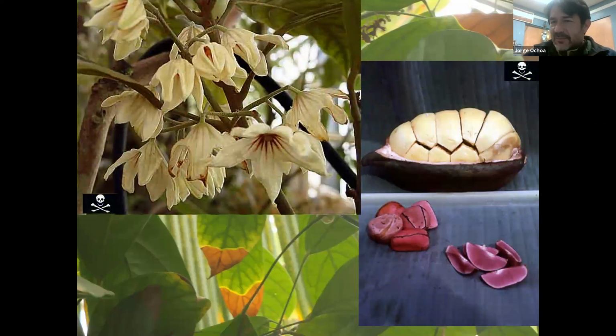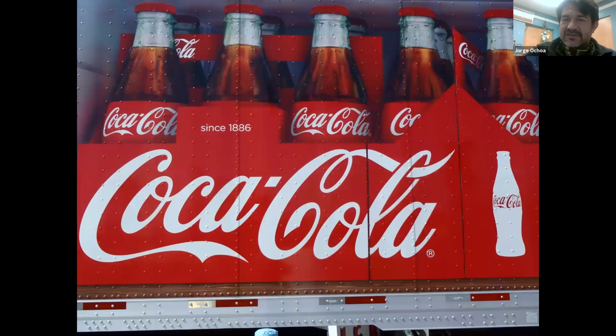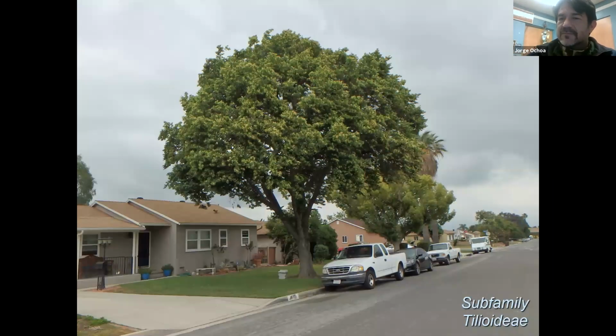And pirated pictures from Google obviously show the flowers, how they look if they were to be close, and then the seed pods with the seeds where they take the ingredient for making Coca-Cola, which is going to be a very important product, and everybody drinks Coca-Cola.